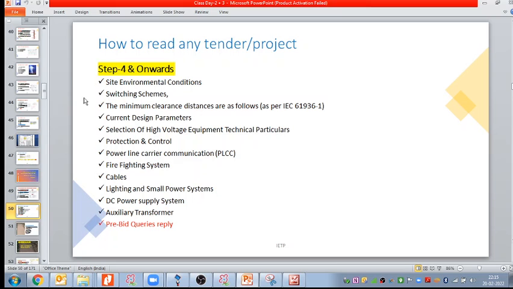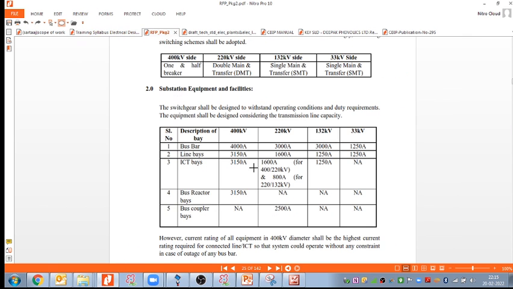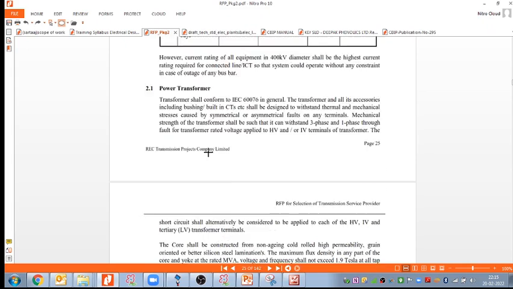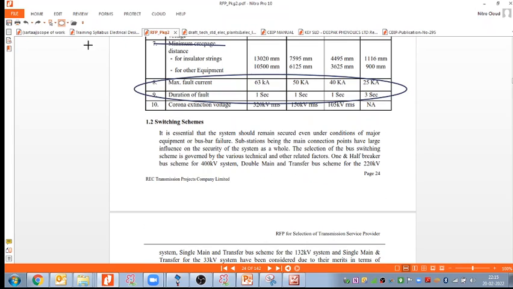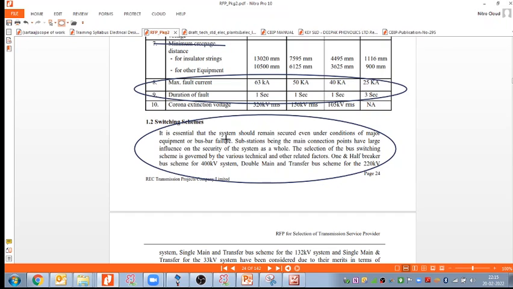What is the switching scheme? Let me go to the tender again. If you see here, the switching scheme is also mentioned. It is essential that the system should remain secured even under the condition of major equipment or bus power failure. Substation being the main connection point has a large influence on the security of the system as a whole.